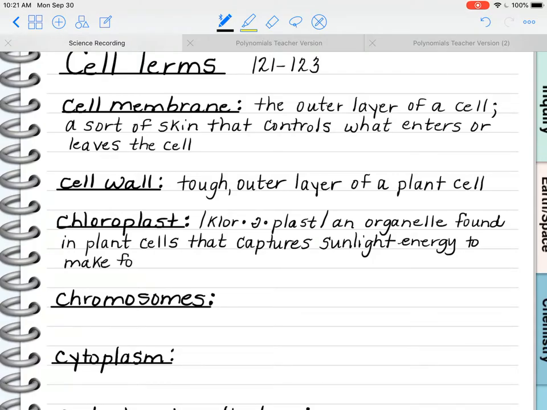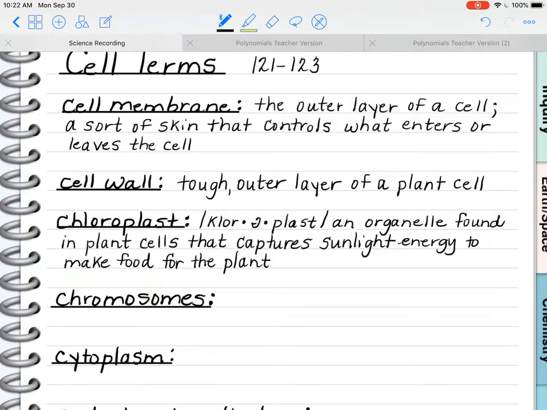Or let's just say for the plant. Plants do not get out and hunt food. They don't go to the grocery store. They make their own food in that process called photosynthesis. And the purpose of a chloroplast is to capture sunlight.